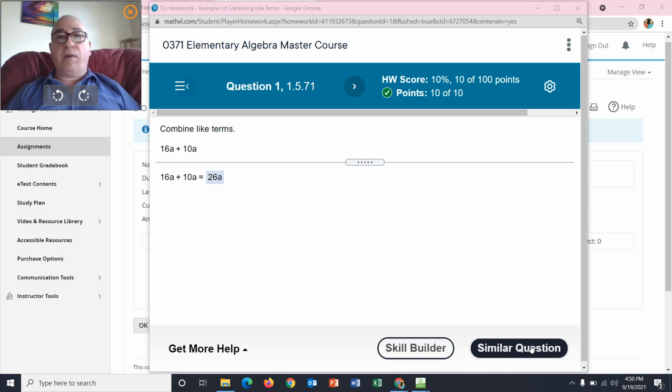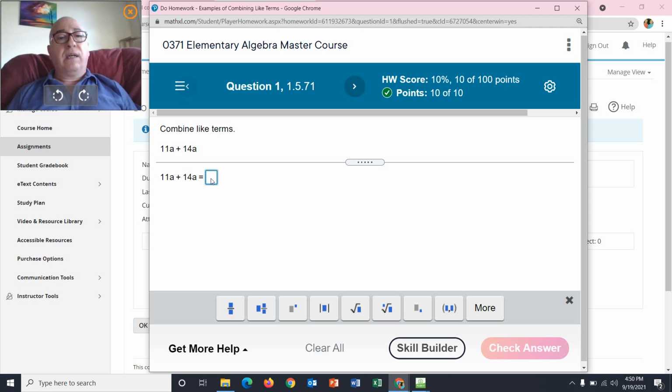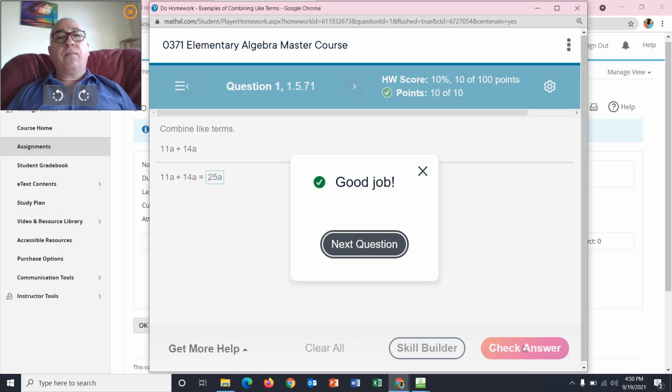You click similar question, there's a similar question. 11a plus 14a is click in the box. And at that point, you'll see tools in case you got to type a fraction or an exponent, something messy, but we don't. All we have to type is 25a. Check it. And let's move on.